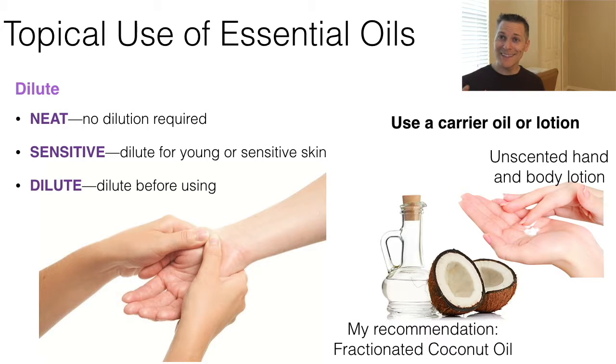This is really fantastic stuff. It absorbs right into the skin. It's perfect for essential oils. It doesn't leave a greasy residue behind, and it's just the best. So I really don't use any other carrier oils, although I have tried them out just because I like to try things out and get an opinion on it. And then of course you have unscented hand and body lotion, which I use as well from time to time.